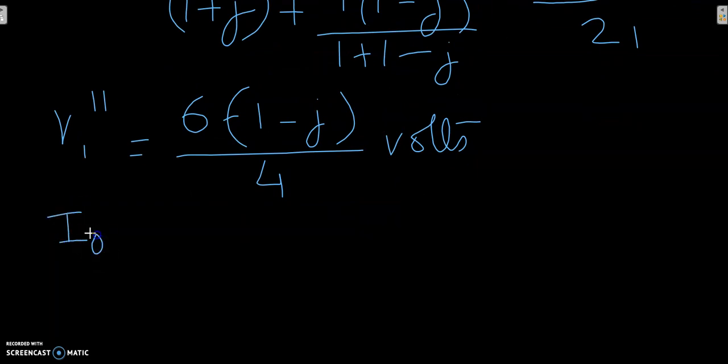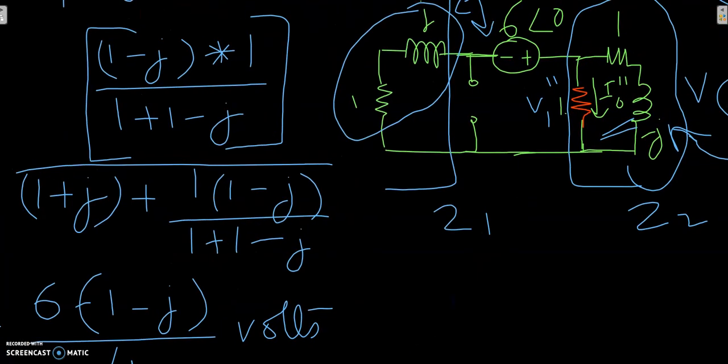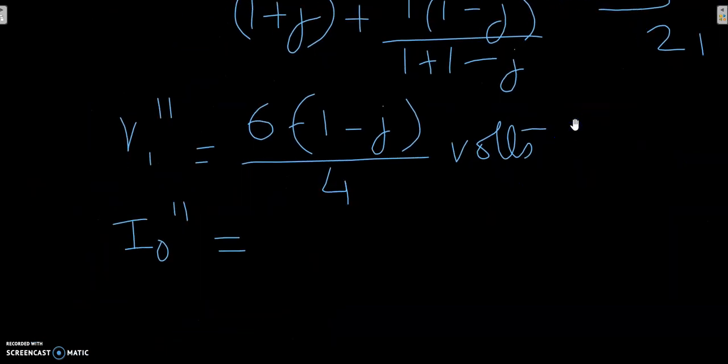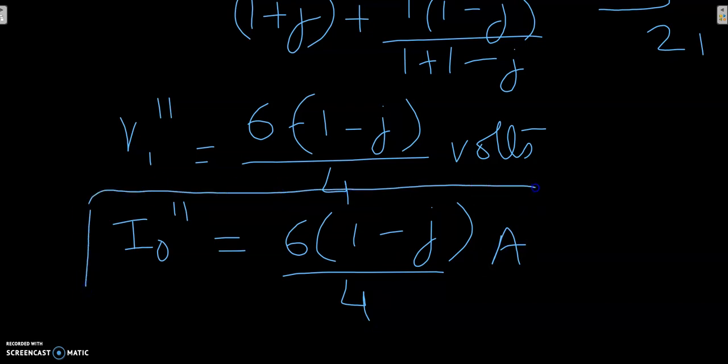I naught double dash will be this divided by 1. Why 1? Because you can see here that we have this 1 ohm resistor. So V1 double dash divided by 1 will give you I naught double dash. If I divide it by 1, I get the same expression, 6 times (1 minus j) divided by 4 amperes. So this is I naught double dash.